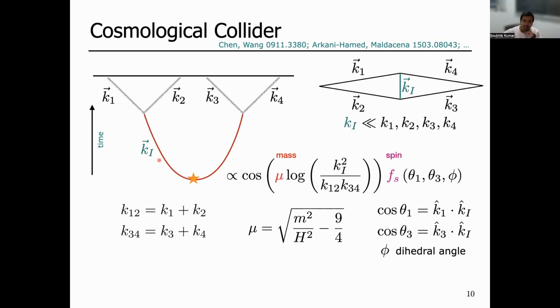But then interestingly, if this particle has some non-trivial spin, you would also expect a non-trivial angular dependence of this trispectrum or the 4-point function. So here, for example, the angle dependence would be in the form of θ1, θ3, which are the angles defined as here. And it would also depend on the dihedral angle, which is basically the angle between the plane containing k1 and k2 and the plane containing k3 and k4.